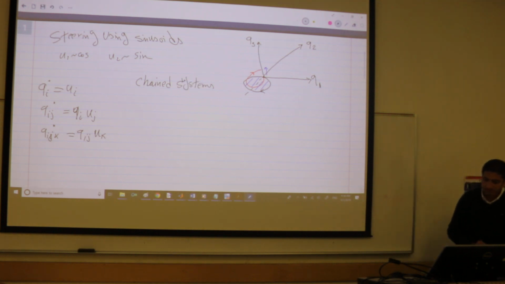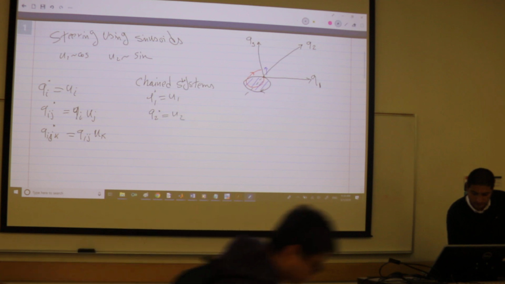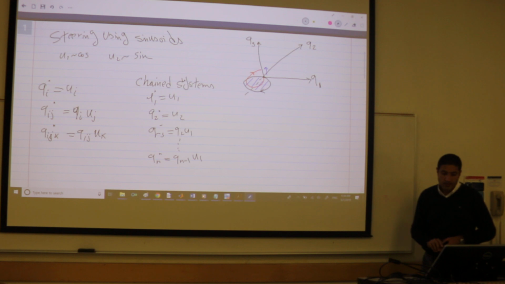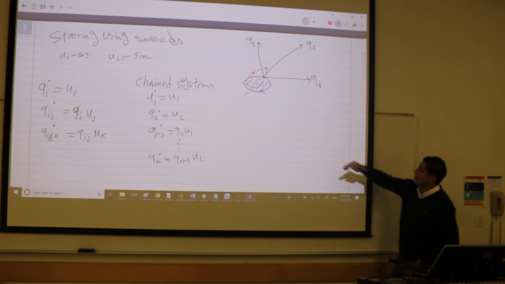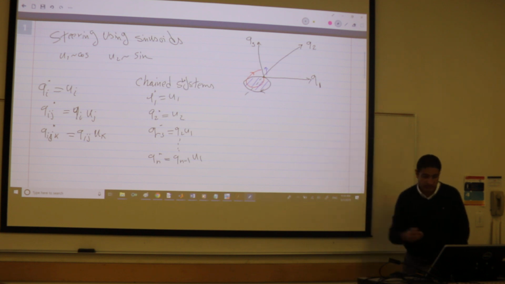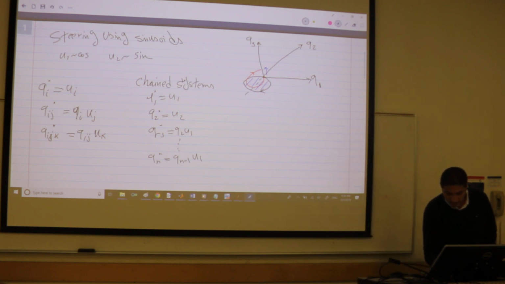We talked about Q1 dot is U1, Q2 dot is U2, Q3 dot is Q2 U1, and so on. So Qn dot was Qn minus 1 U1. So again, with this interesting notion that you do a loop in the plane, but you get a net motion in a new direction.